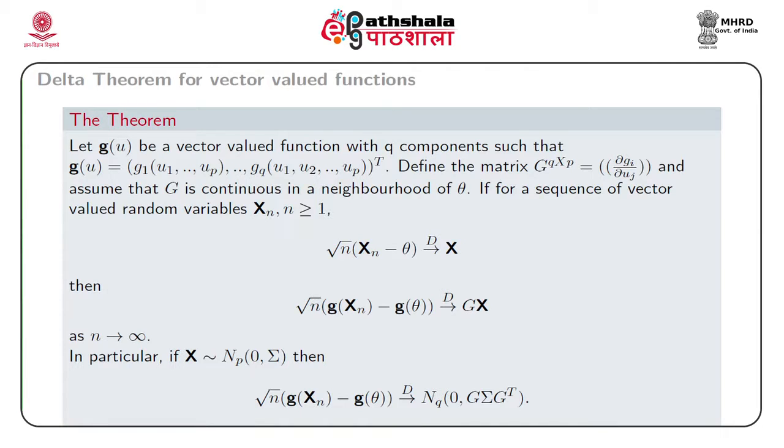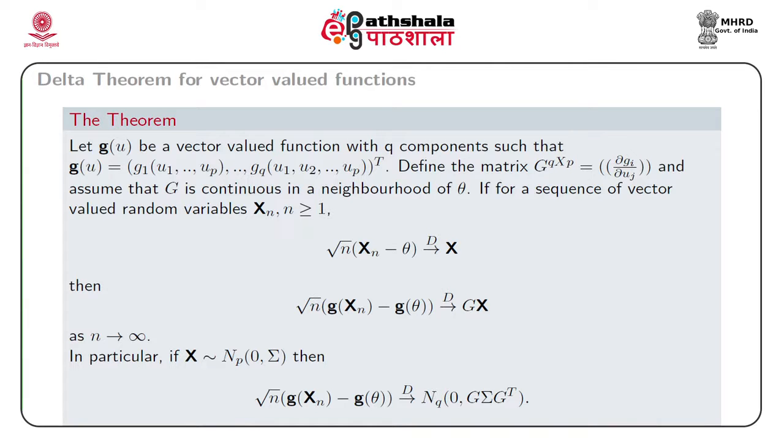We define the matrix capital G, which is of order q cross p, with elements the partial derivatives of gi. That is, the elements of G are simply the partial derivative of gi with respect to uj for different values of i and j. And we assume that G is continuous in a neighborhood of theta.